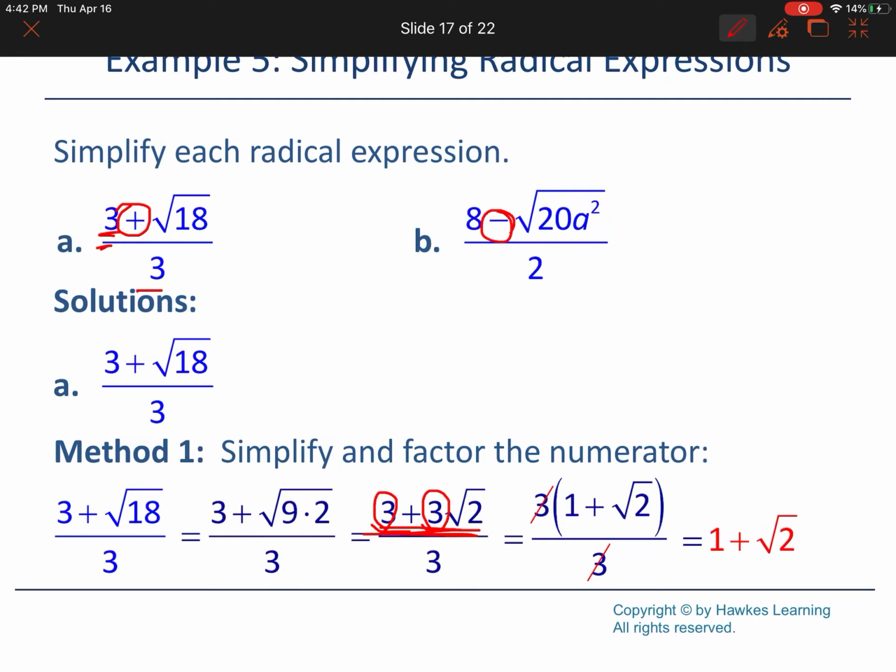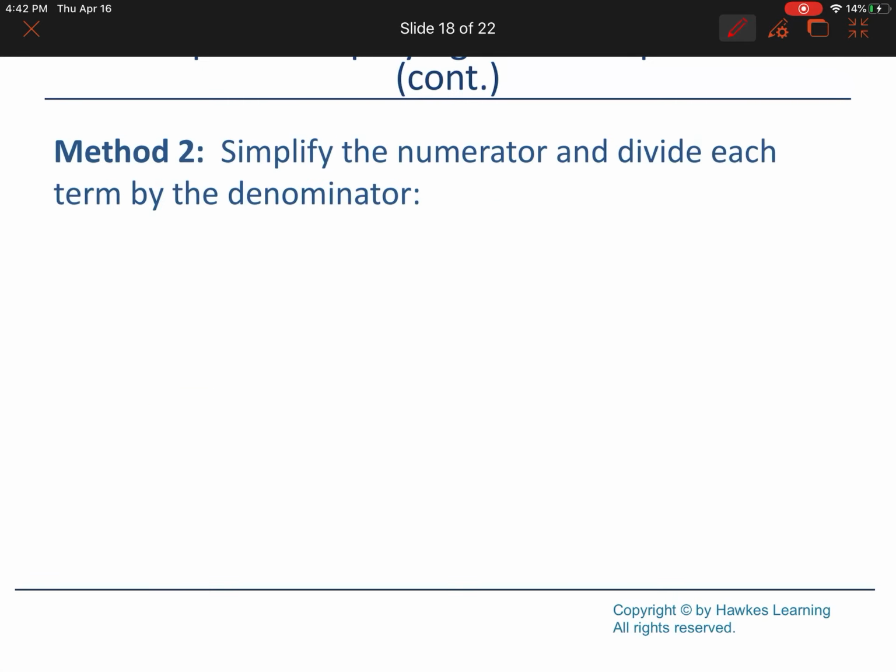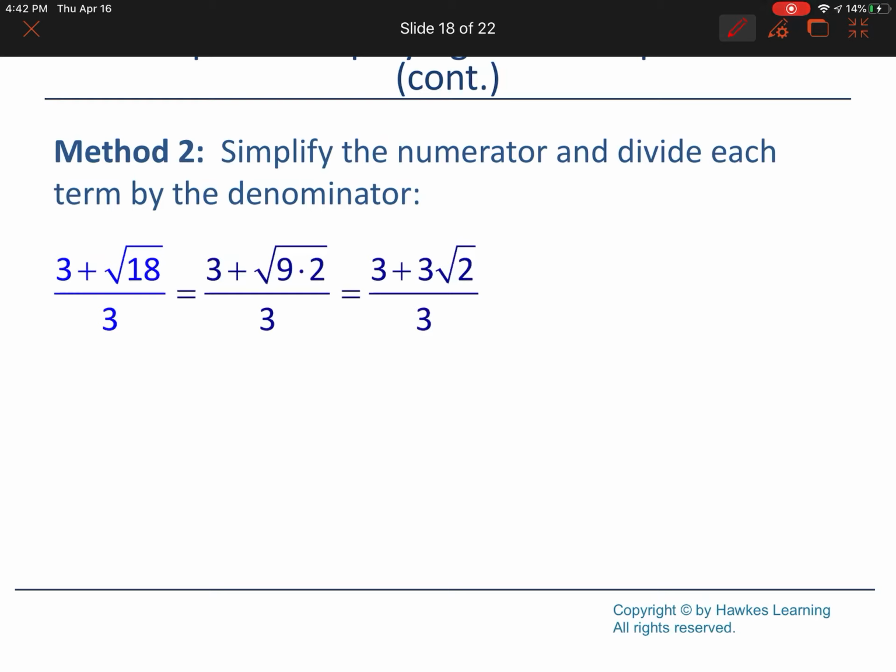But there is another way to think about this. You can start by breaking it up. In the end, we're doing a lot of the same work. But you can actually split this up into 2 parts. And I could have done this step up here right after this, right? I could have split it up first.